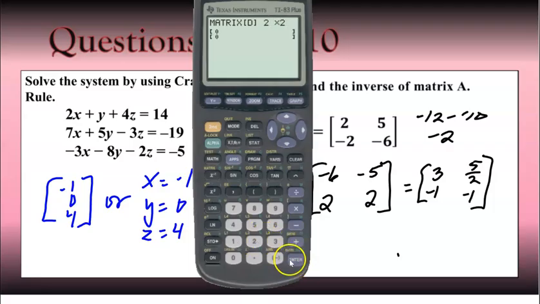We got to put the new numbers in here, so this would be negative 6, -5, 2, and 2. And if we get out of here, and then we go back in, and we have matrix 4. If I hit enter, there we have our 3, 2.5, which is our 5 halves, -1 and -1.